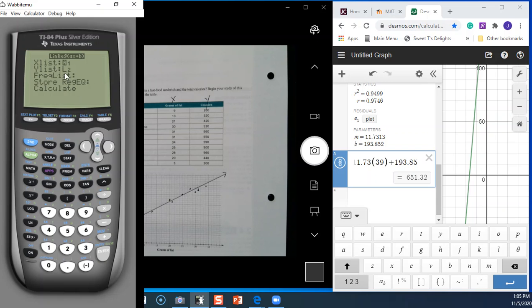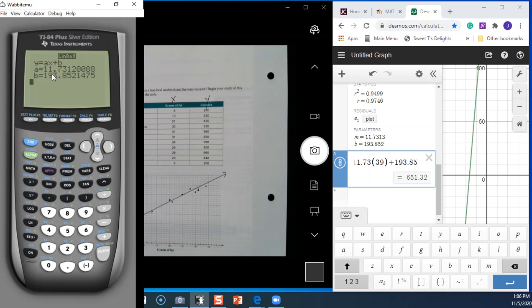Press enter. Now when you get here, make sure that your X list is L1, your Y list is L2, and then your frequency list and the stored regression equation, both of these need to be blank. So you'll go down here to calculate, and it will give you the values.